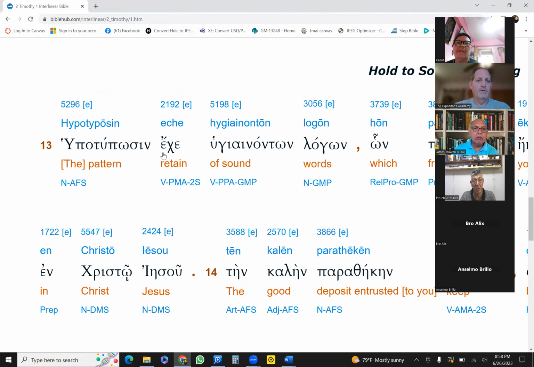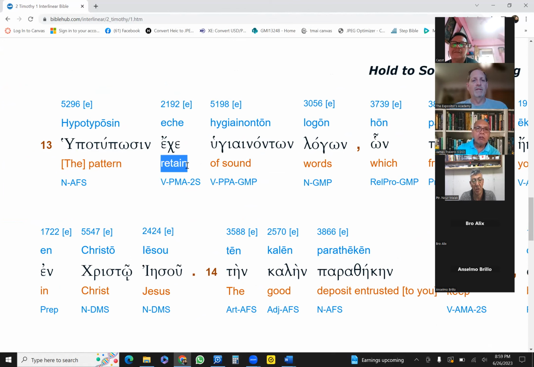notice the pattern. First word here, retain of sound words. So retain is the verb here. Notice it's a verb, imperative. So you could also say hold to. But here, retain, that's really the idea: retain, keep, conform to, hold to. Those are all translations of this particular verb.